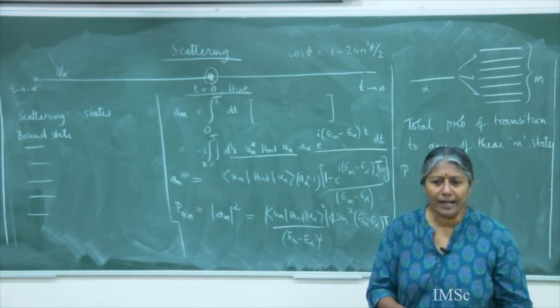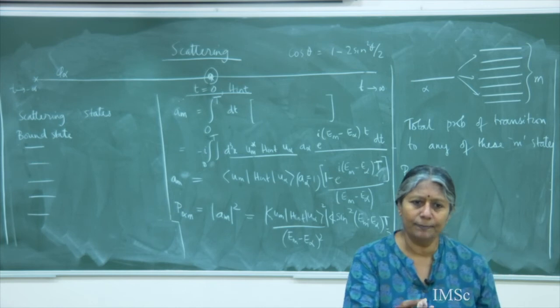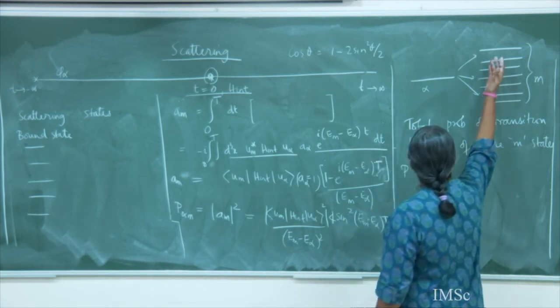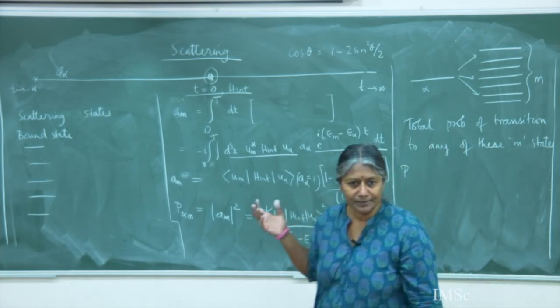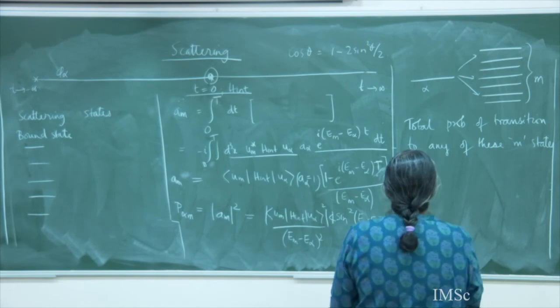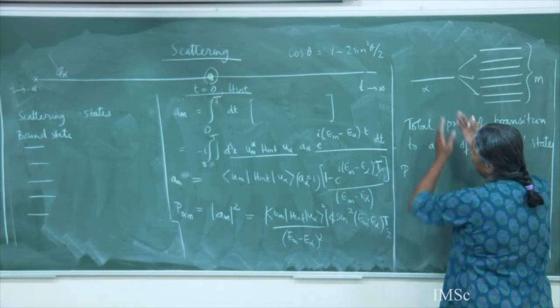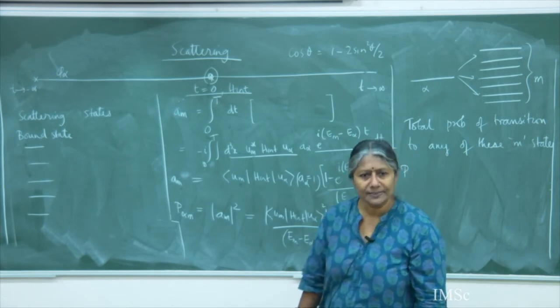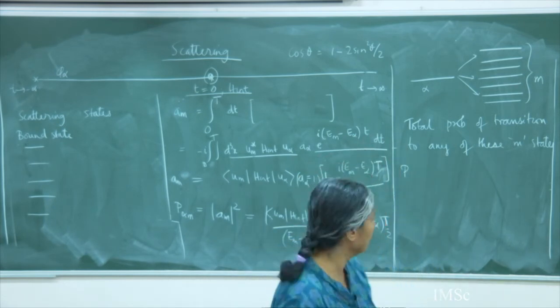Why? Because one may have momentum 10 MeV, then 10.1, 10.2, 10.3. There are so many states available to those final state particles that you can think of them as a continuum of states. And you can take the continuum of states which is very close to alpha, because you know that this energy denominator will otherwise kill your probability for transition.